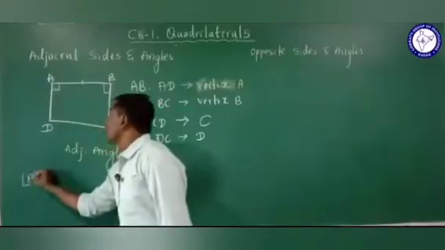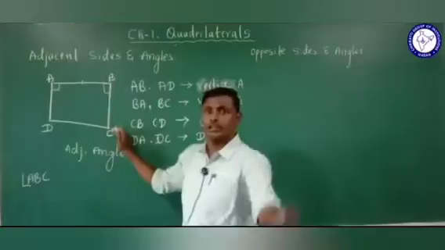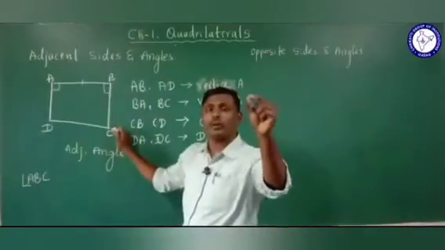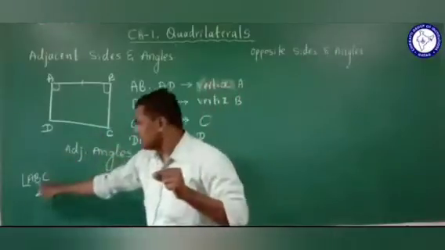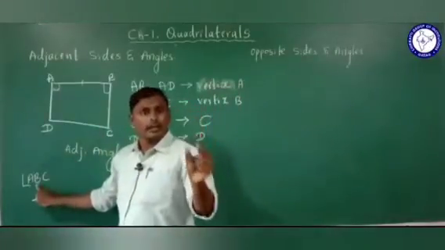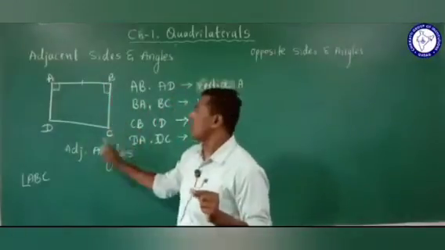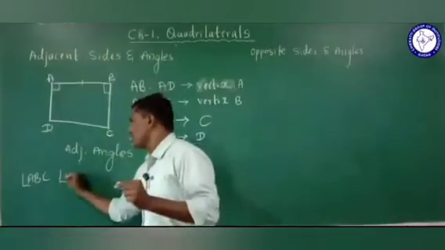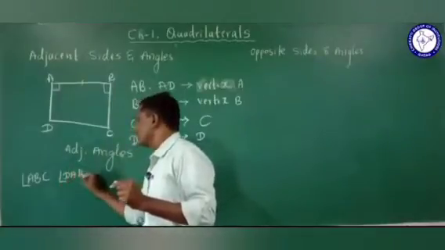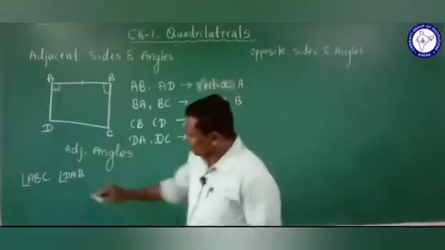Angle ABC. The vertex should lie in the center of the angle, right? So angle ABC, or one more angle DAB. So these two are the angles, right? Observe these two angles.